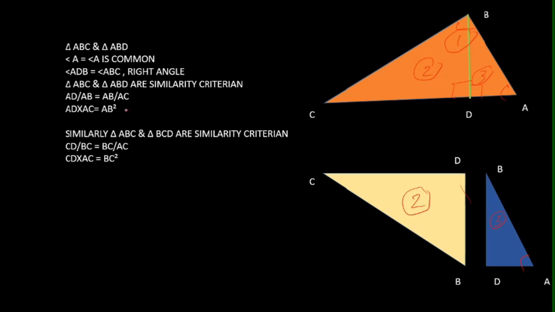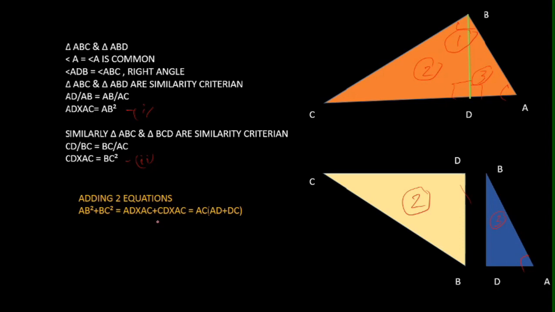So this is equation number 1 and this is equation number 2. If we add these two equations, we get AB square plus BC square equals AD multiplied by AC plus CD multiplied by AC.